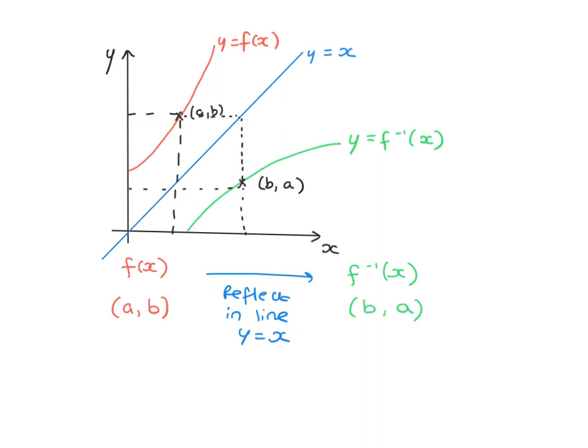So you can see the x coordinate here becomes the y coordinate, and the y coordinate here becomes the x coordinate. So x becomes y, y becomes x. And that's why, in step 2, we interchange x and y before we then work through the rearrangement.